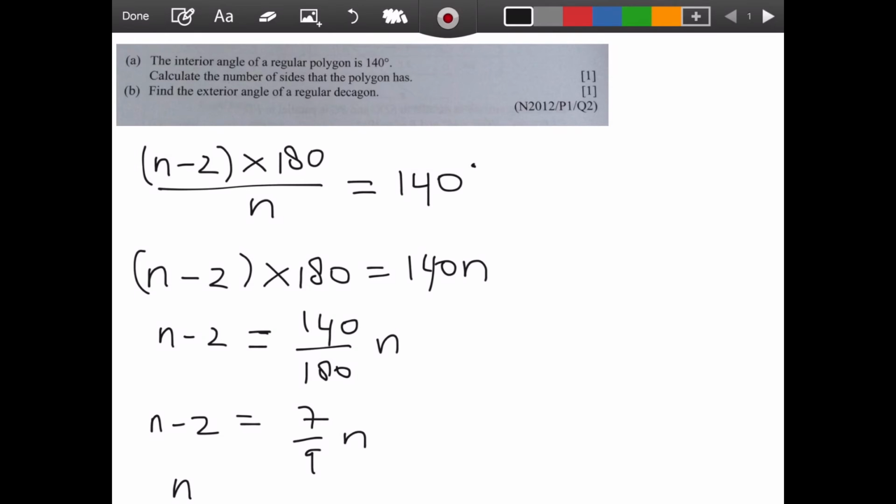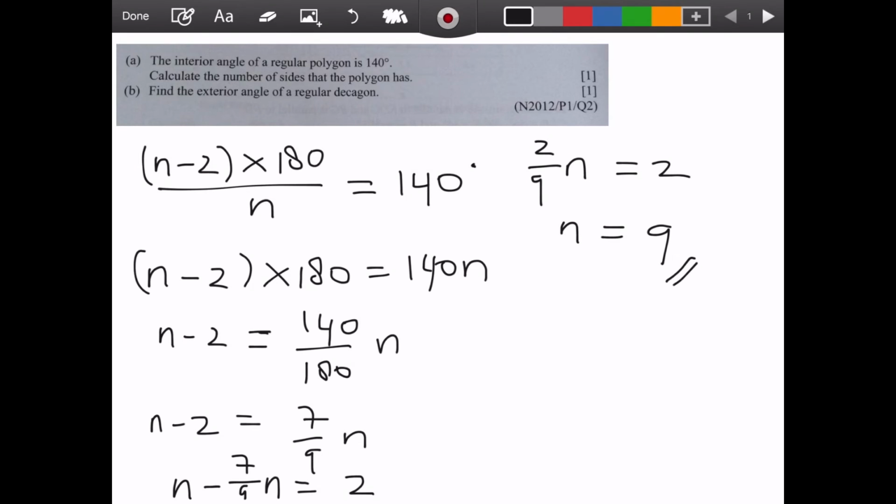Then you bring over the n, and the 2 you bring to the other side, and from here you get 2 over 9 n is equal to 2, so you get n equal to 9. All right, this is part A.